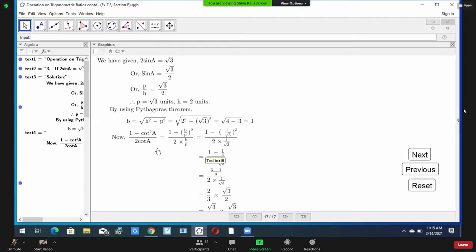Before substituting, cot A equals B upon P, which is equal to 1 minus, what's the value of B?